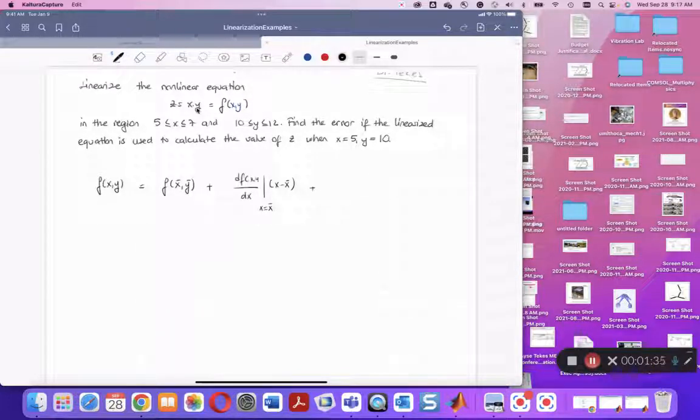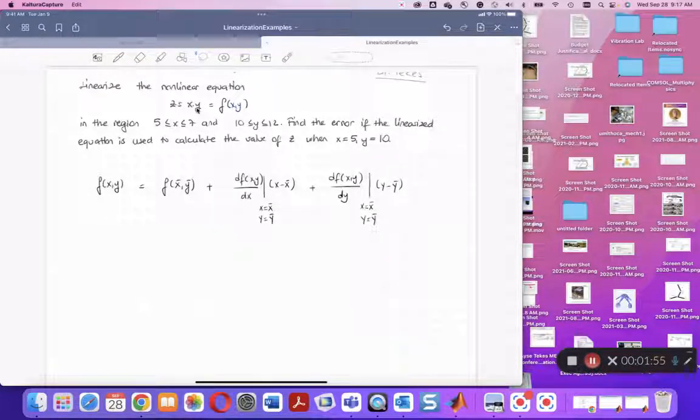But this is a slope, so please do not just take the derivative, but also plug in those nominal values or operating points, and this time multiply this by y minus y bar.